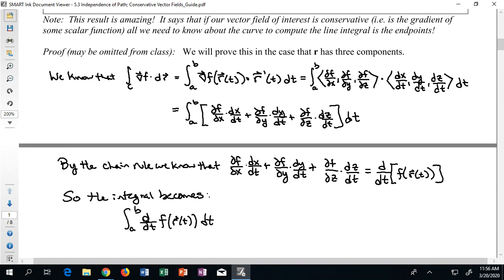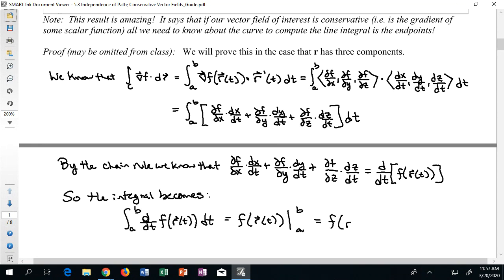Of course then, it's really easy to imagine how I would evaluate that. Because what's the antiderivative of the derivative of my function? Well, that's just going to be f of r of t, and I would just evaluate that from a to b.